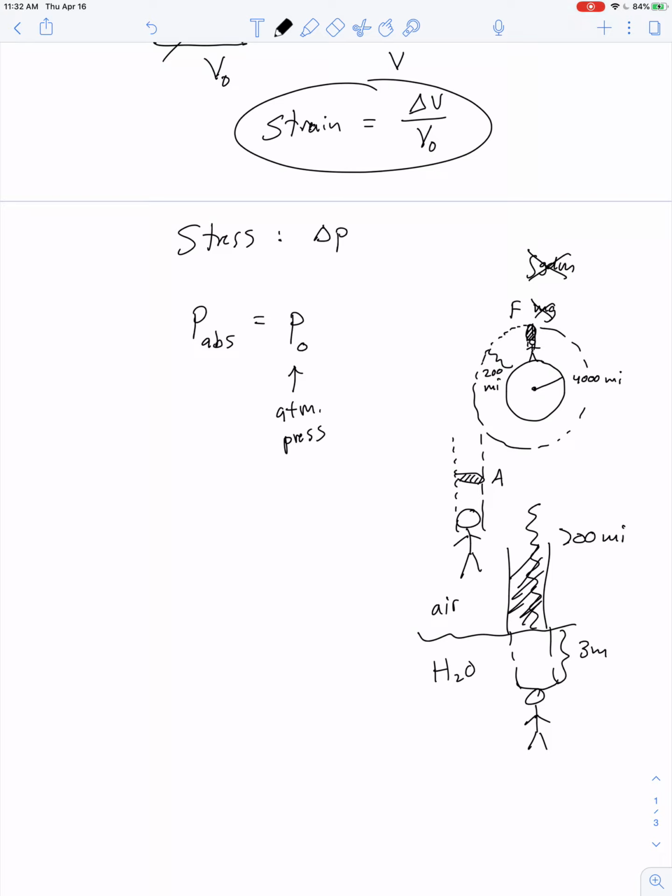You can simulate one additional atmosphere of pressure by going about 10 feet in depth. So the absolute pressure acting on your inner ear canal when you go underwater is more than just the atmospheric pressure, it's also plus some additional pressure. So we might call this the gauge pressure.